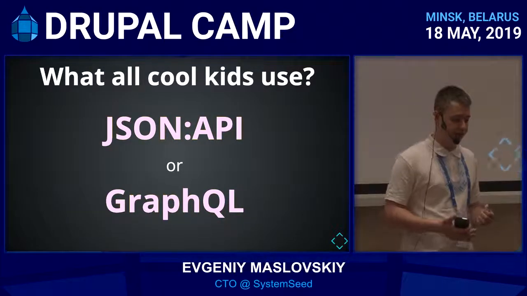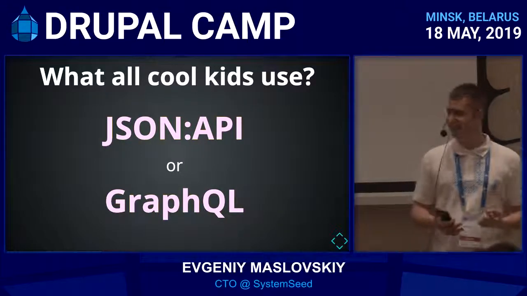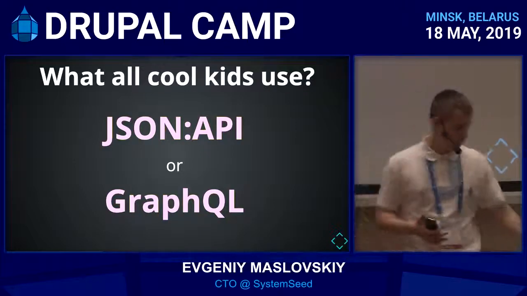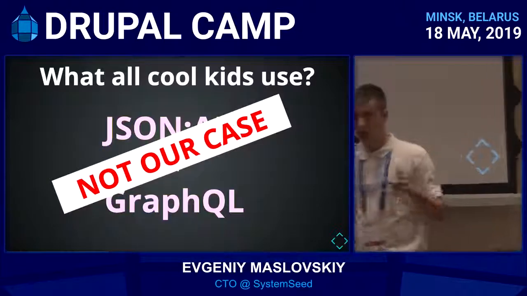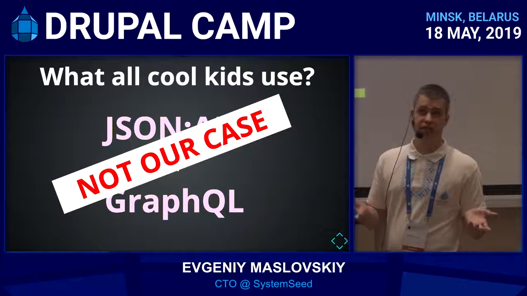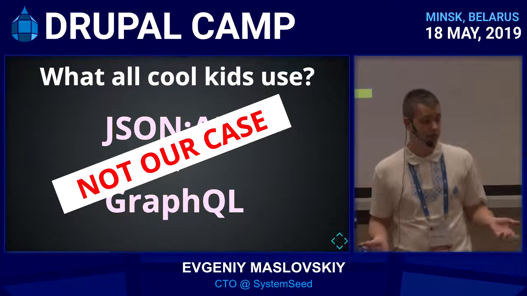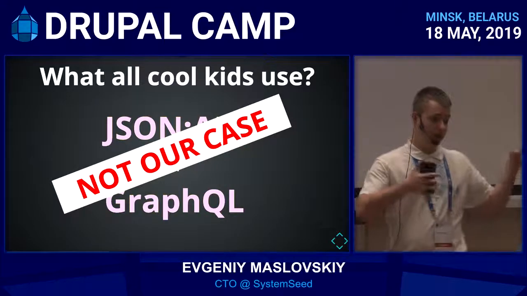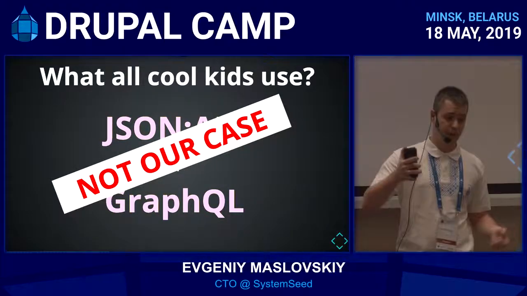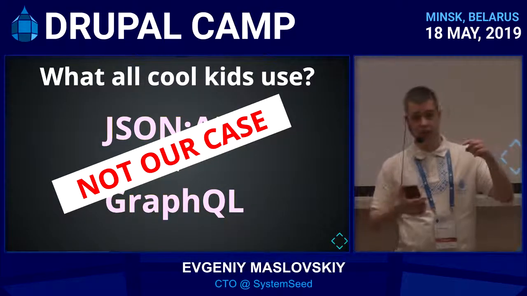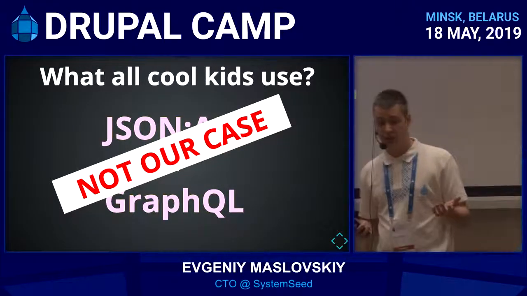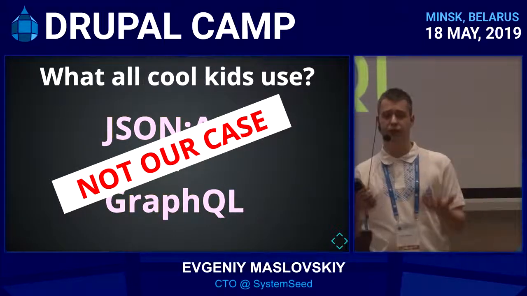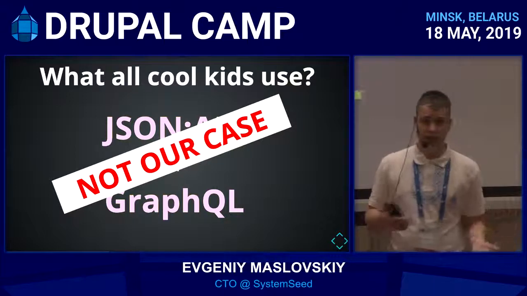The problem which we faced, in our case, was a client with 60-something paragraph types, and having to ask front-end developers to build a query to fetch 60 different paragraph types with the different fields. And remember, paragraph types are references. And these paragraph types also have fields that might reference, for instance, taxonomy terms, other nodes.